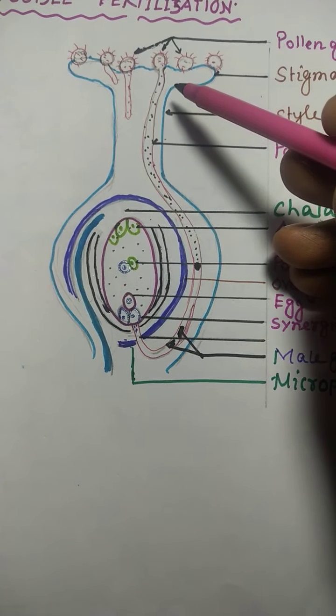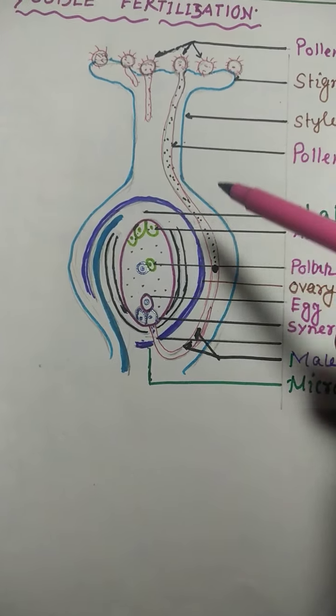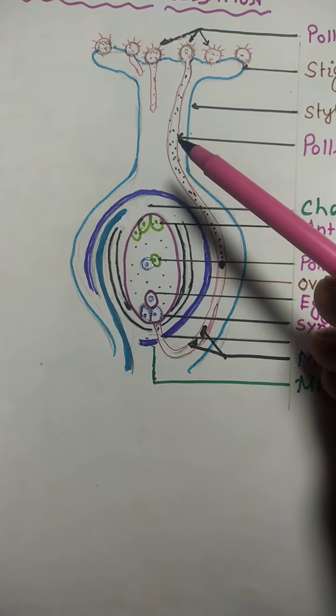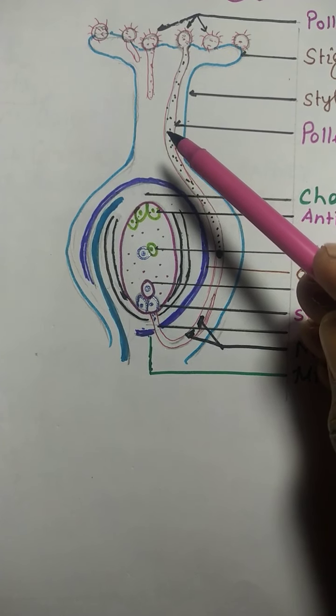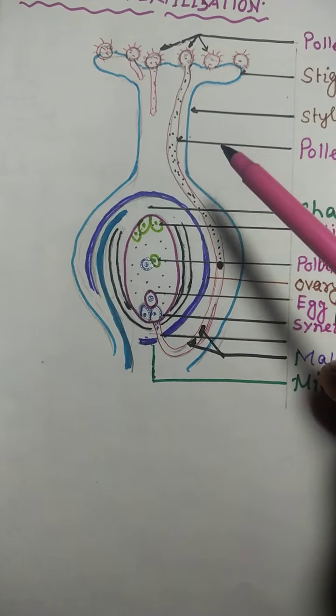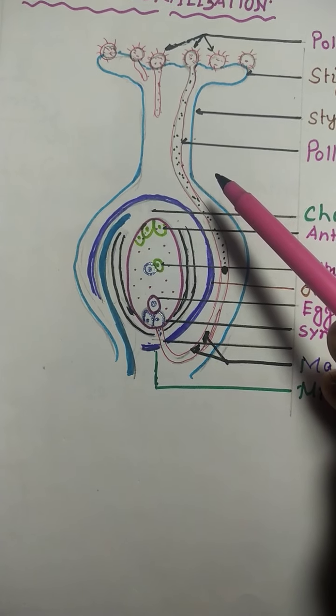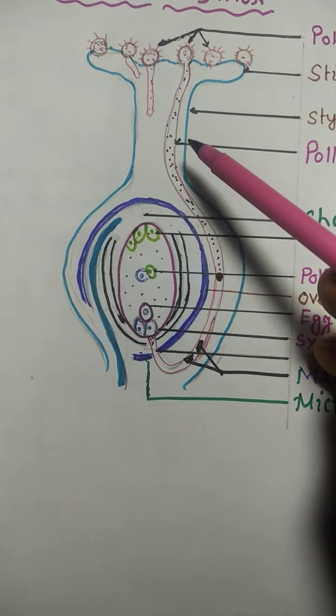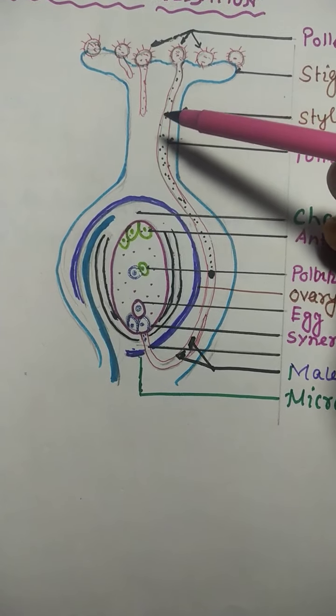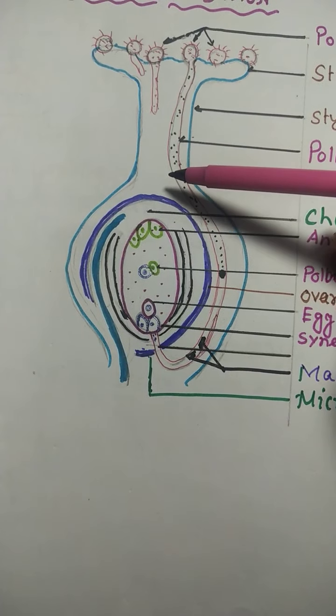The pollen tube eats its way through the solid part of the style by secreting proteinase, pectinase and some hydrolytic enzymes. This is the long style part.